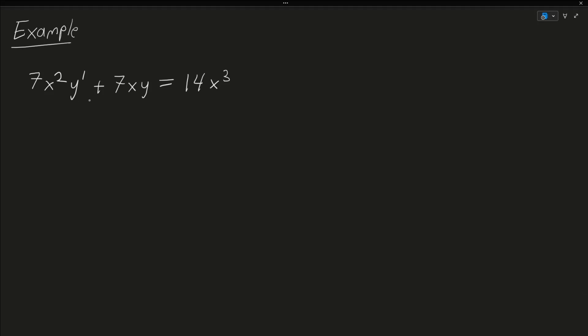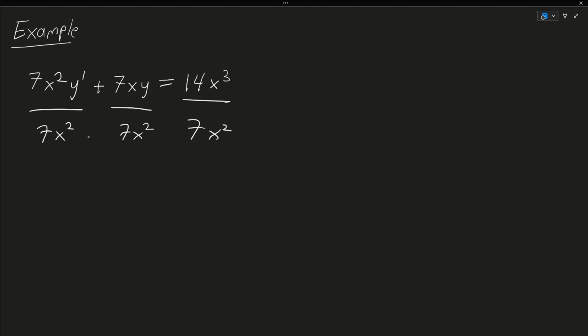So how can we make this differential equation look like a standard form? Well, since we have this attached to y prime, what if we divide everything by 7x squared? And we would be able to leave y prime ultimately alone by itself. So that would work. So let's divide everything by 7x squared.